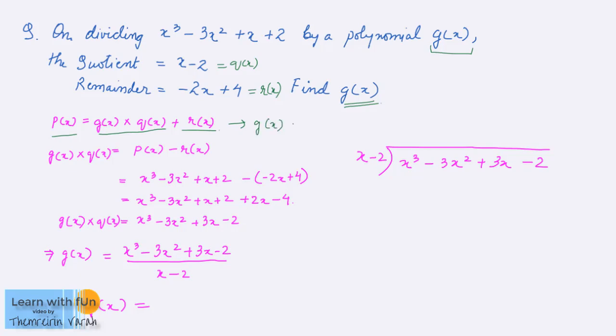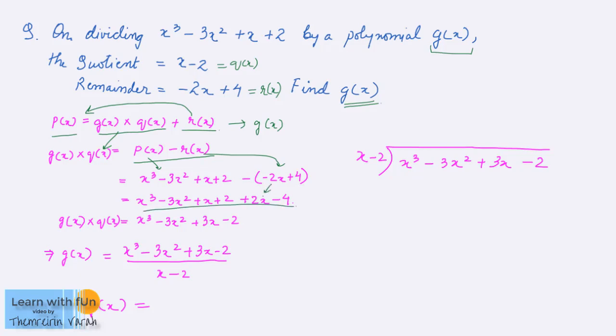So gx equals something, minus plus rx. So gx into qx equals px minus rx. Px is x cube minus 3x square plus x plus 2 and rx is minus 2x plus 4.